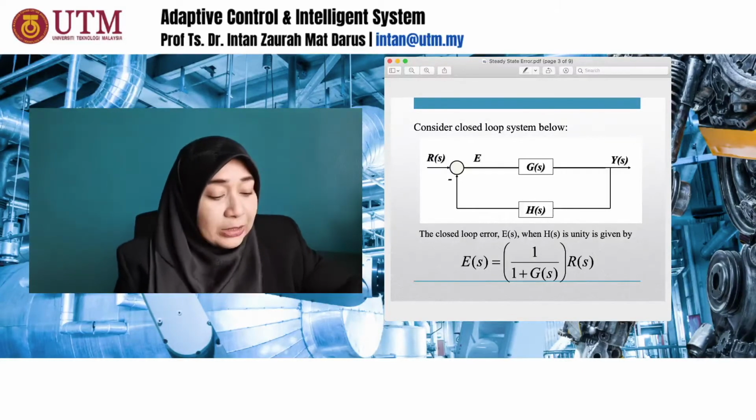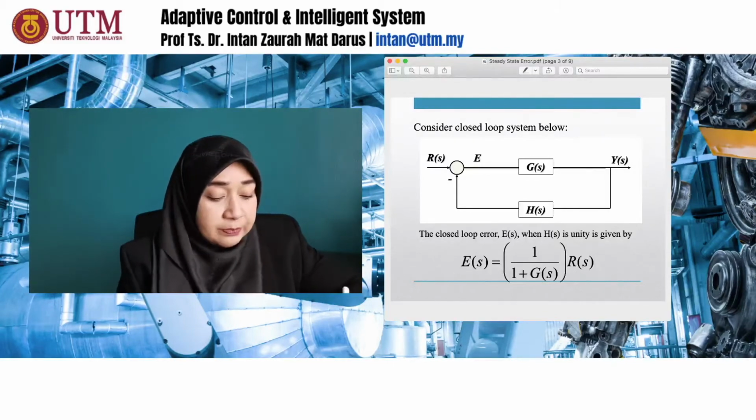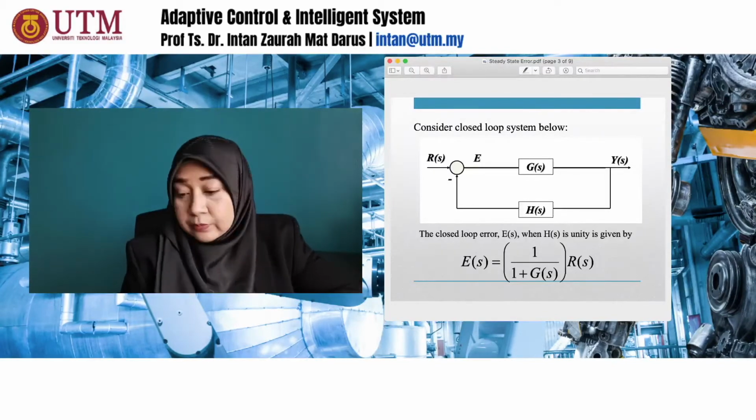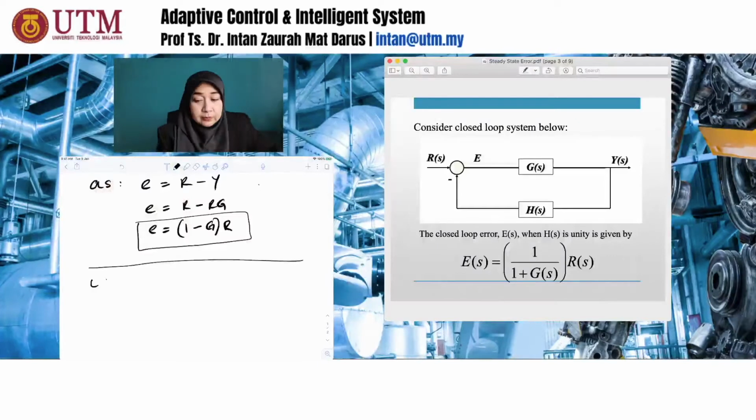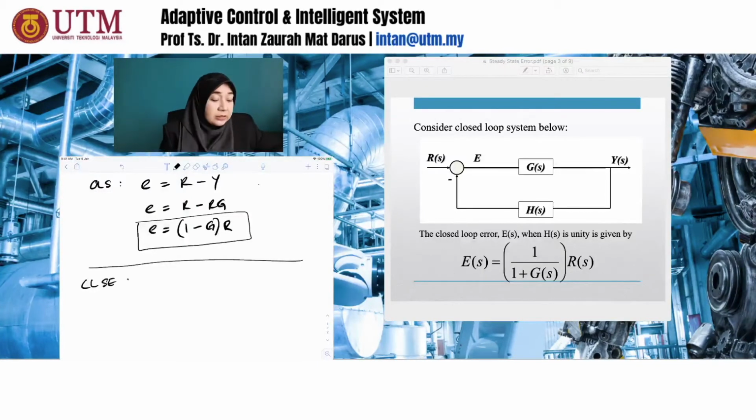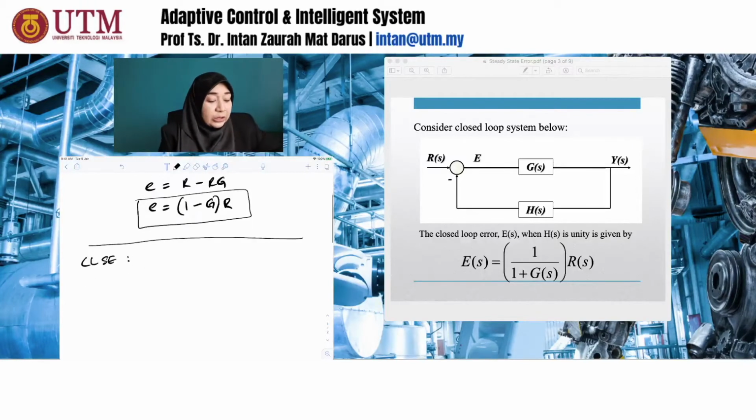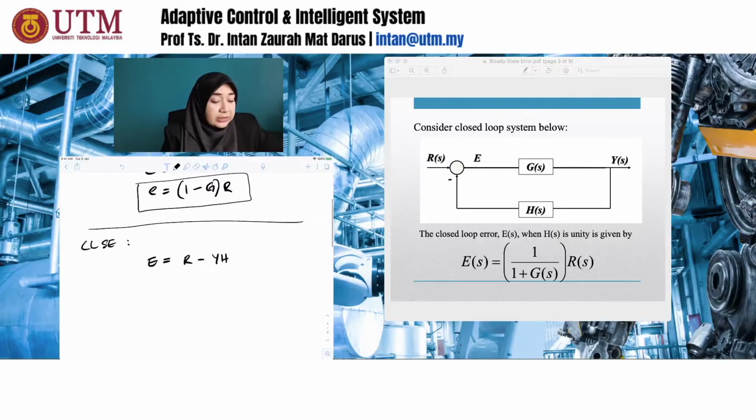So if you look at the equation of closed loop here, the error is equal to the input given to the system minus Y multiplied by H. At the same time, you know Y is equal to E multiplied by G.